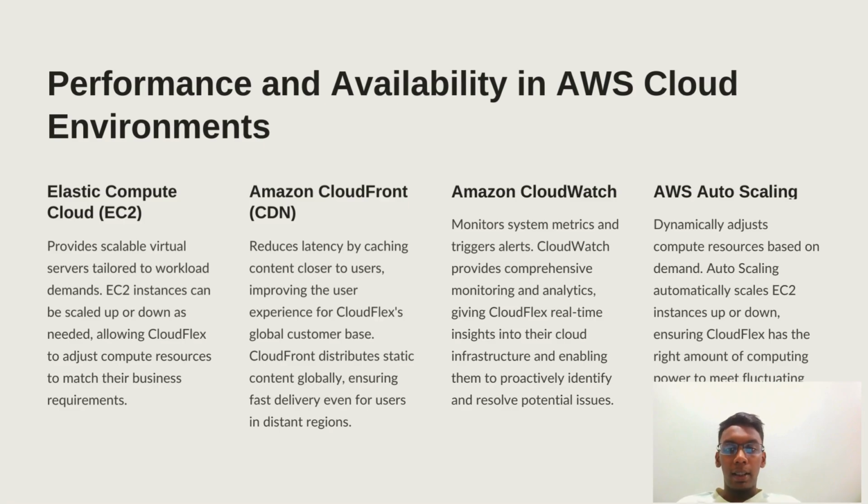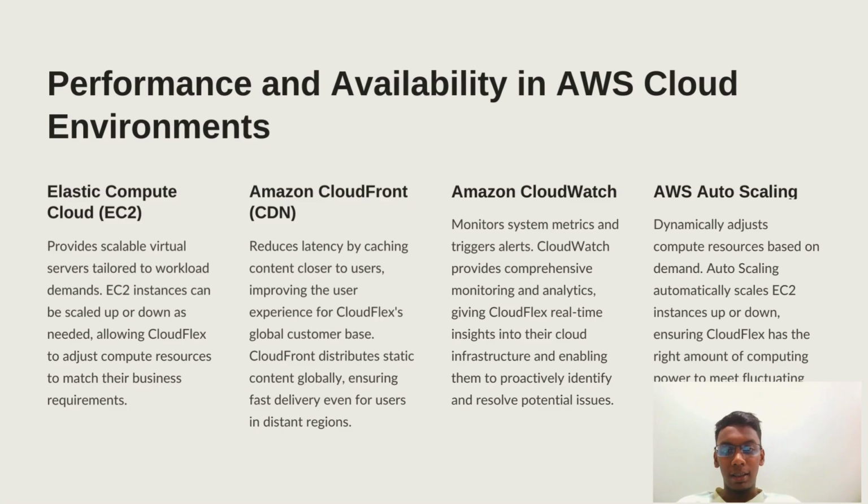Alright, in this slide, we'll be looking at performance and availability in AWS cloud environments. Here, we have provided four points, elaborating on each. The first point is Elastic Compute Cloud, which is EC2. It provides scalable virtual servers tailored to workload demands.